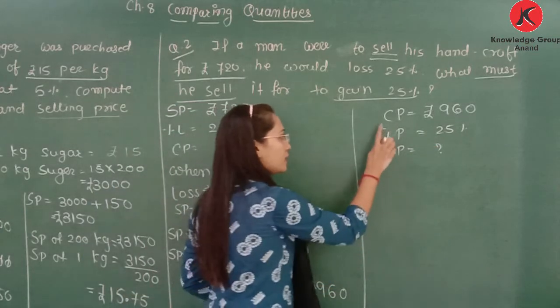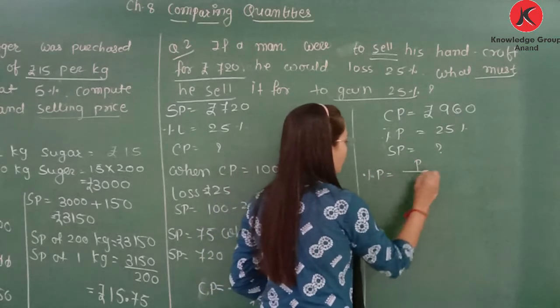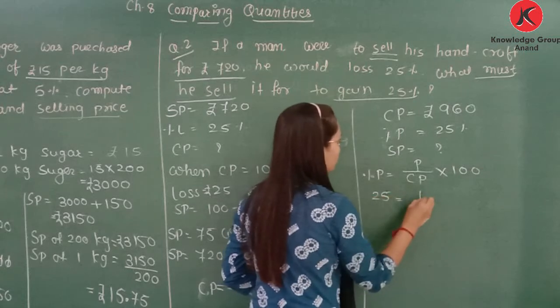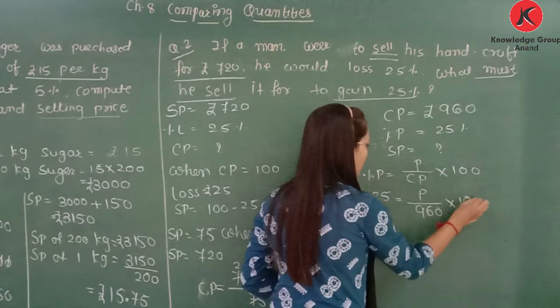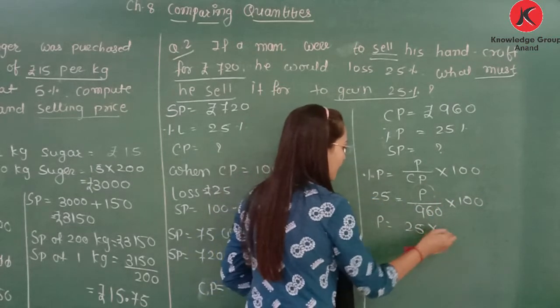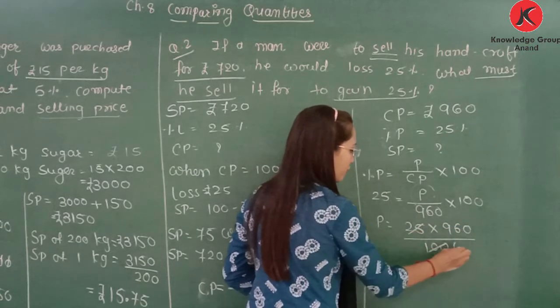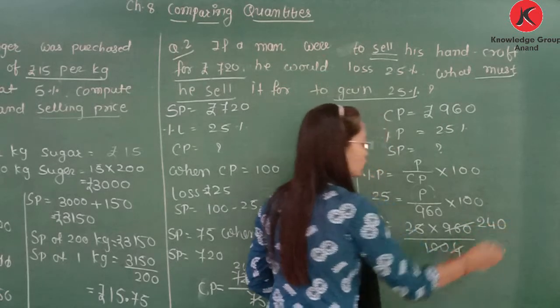Okay, so here cost price is directly given, so we can use percentage profit is equal to profit divided by CP multiply 100. 25 is profit divided by 960 multiply 100. Now we need to find the rupees profit. 25 times 960 divided by 100, 25 4s are 100, that gives 240.